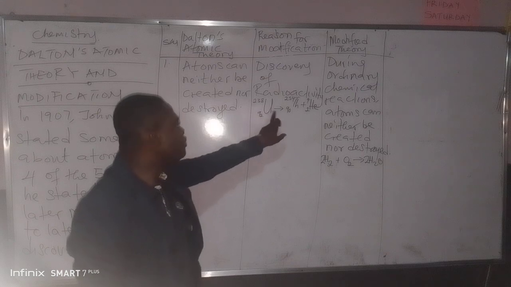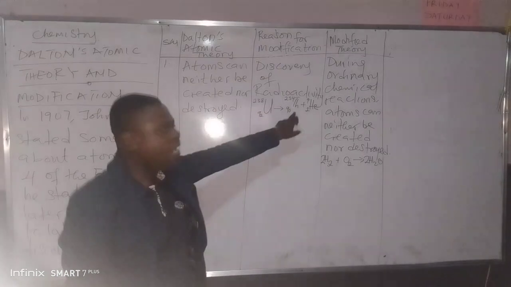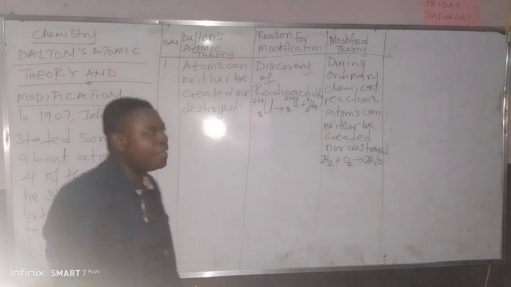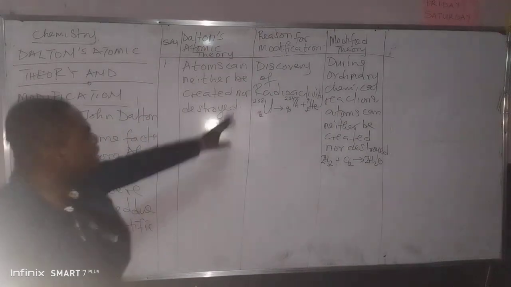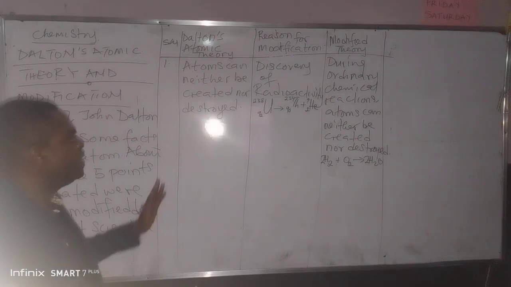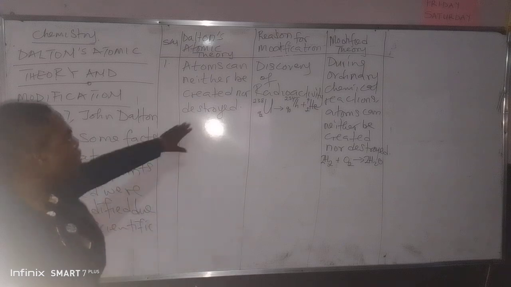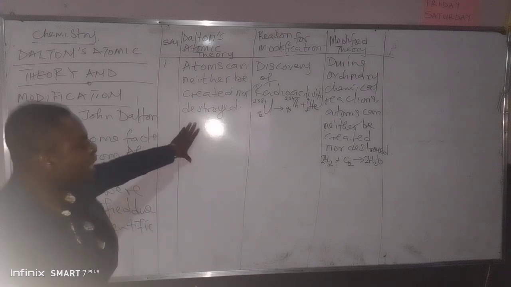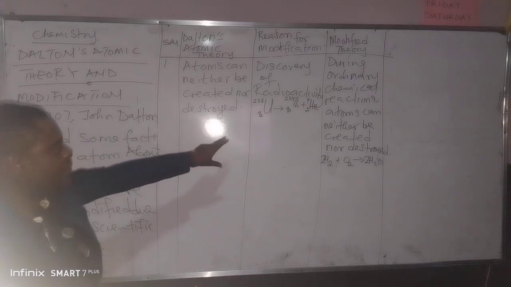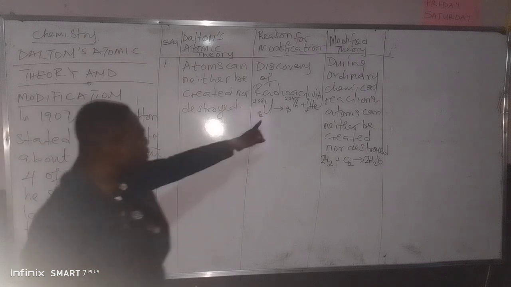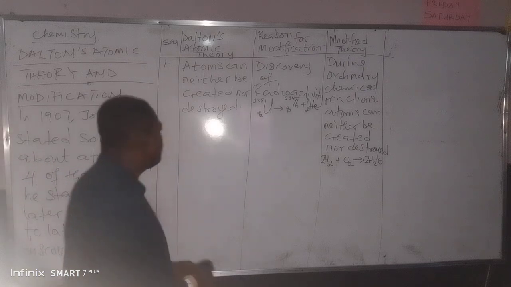The uranium would have been destroyed to form thorium and emit alpha particles. So there are two types of reactions: radioactive reactions and ordinary chemical reactions. This law is possible for ordinary chemical reactions, but not for radioactivity. You can see there, uranium is destroyed for thorium to be formed.